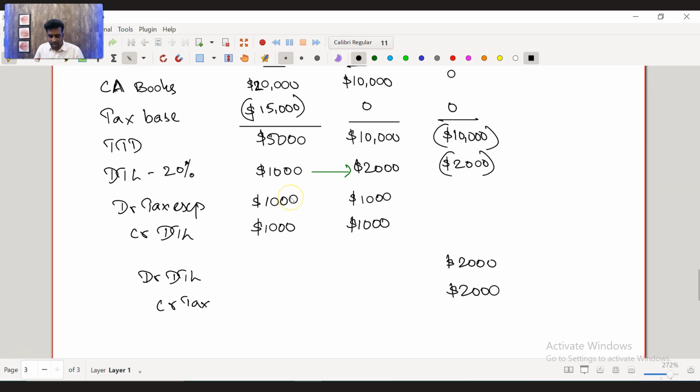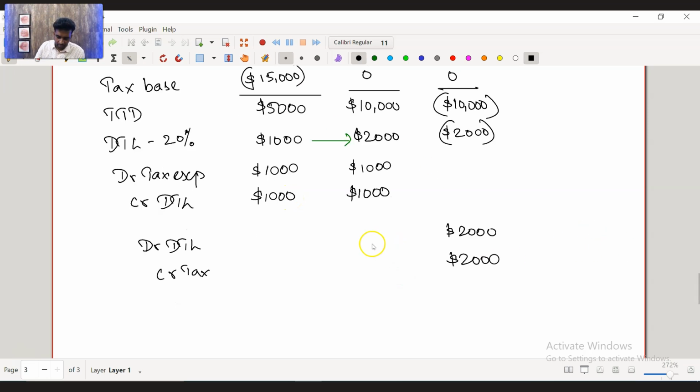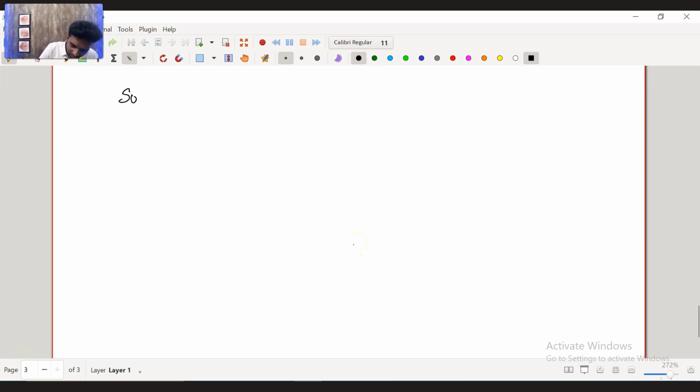Now the question is, why are we doing this? What is the purpose? So let's look at this in the statement of profit or loss. Let us say you have your profit before depreciation for year 1, year 2, year 3.